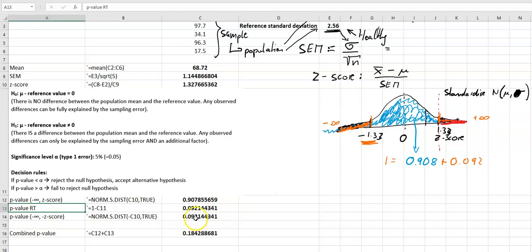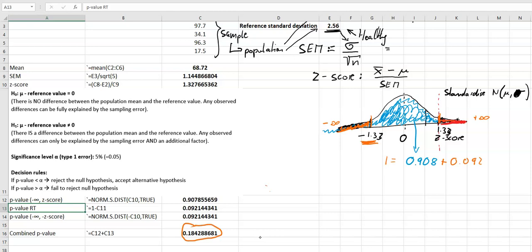And not terribly surprising, we get the same value of 0.092. And we can now combine the p-values of the left tail and the right tail, simply sum them up, and get a total p-value of 0.18. So that is our combined p-value.